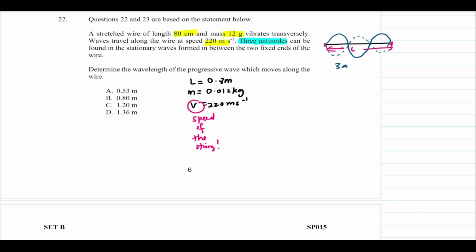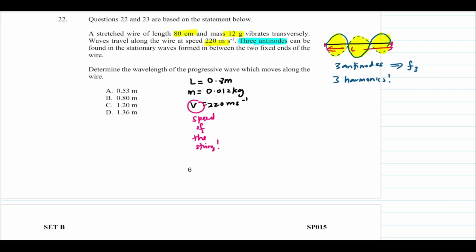So 3 antinodes for standing wave in the string means that F3, third harmonics. Sebab kita nampak 3 kali ni kita lukis dorayaki kita. Kalau you tengok video chapter 10, short notes animations, saya akan sebut dorayaki, 3 kali dorayaki. Okay, so 3 harmonics. So soalan minta kita kira wavelength saja.